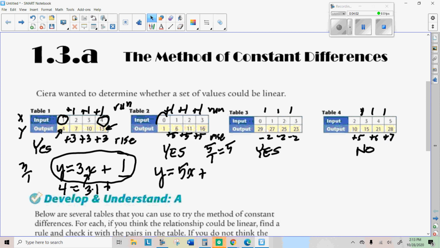If that's in the table, which it is right here, because the y-intercept is right in the middle of the graph where the input is 0, so that output of 1 goes here. Okay? On table 3, our slope is negative 2 over 1. So we're going to write y equals negative 2x. And then our y-intercept right there is 0.